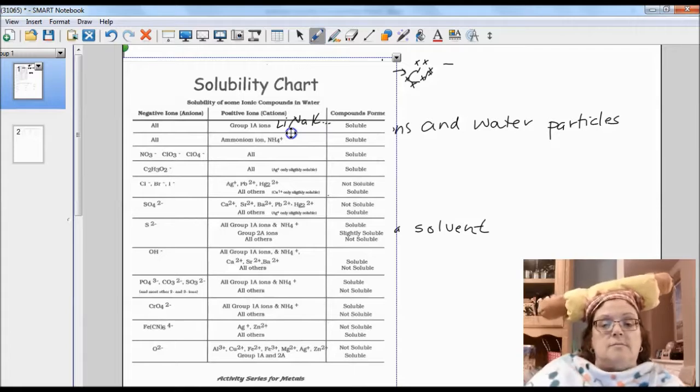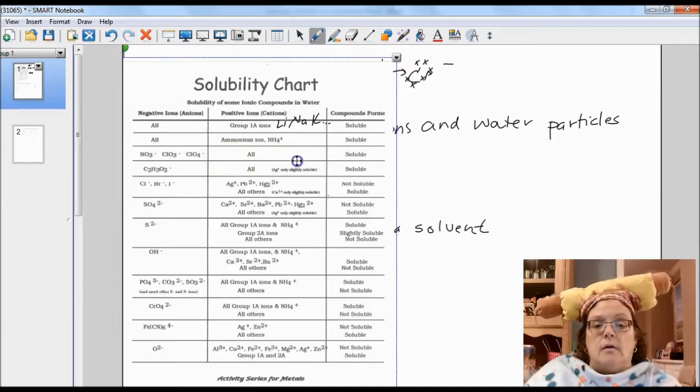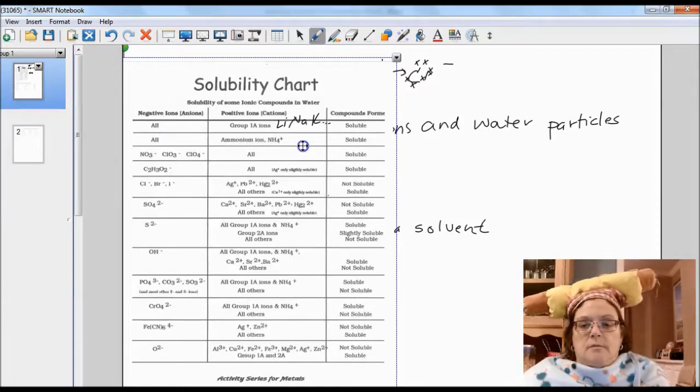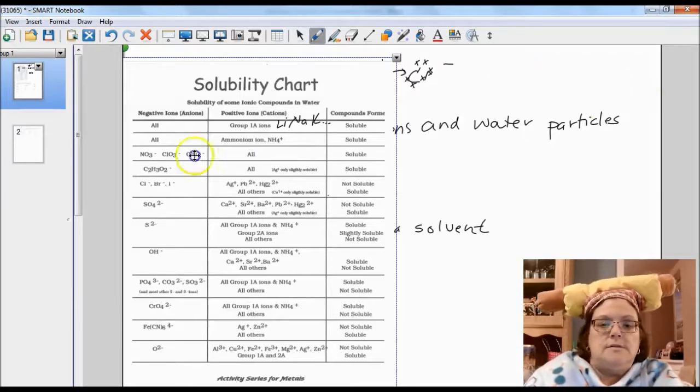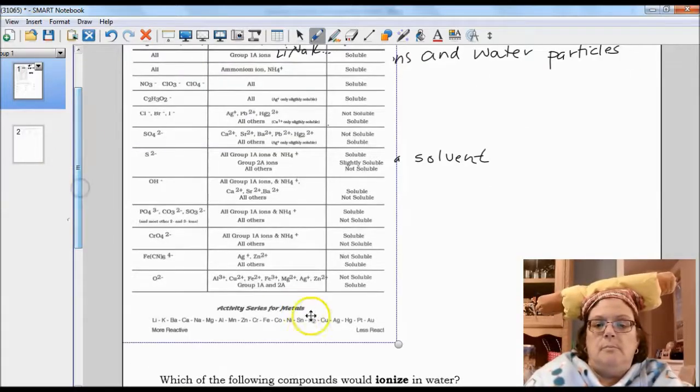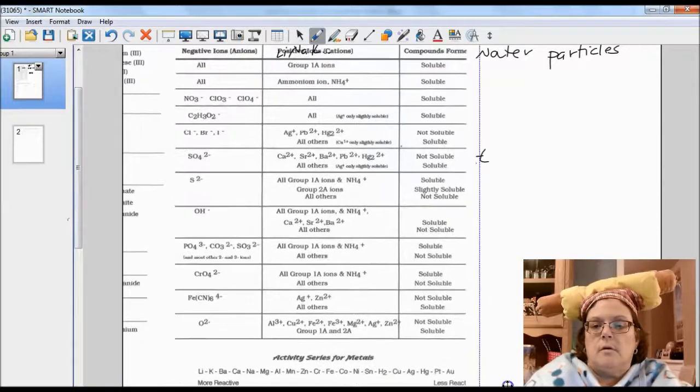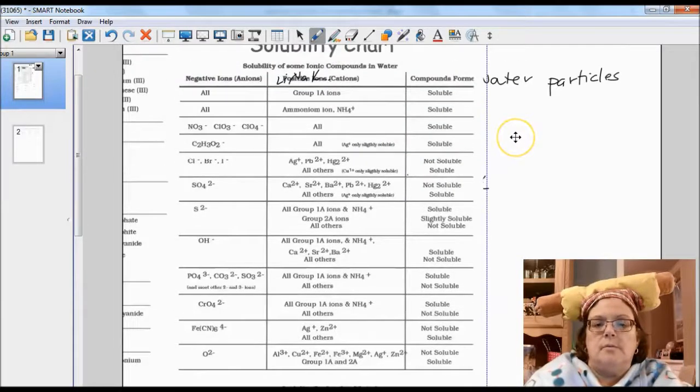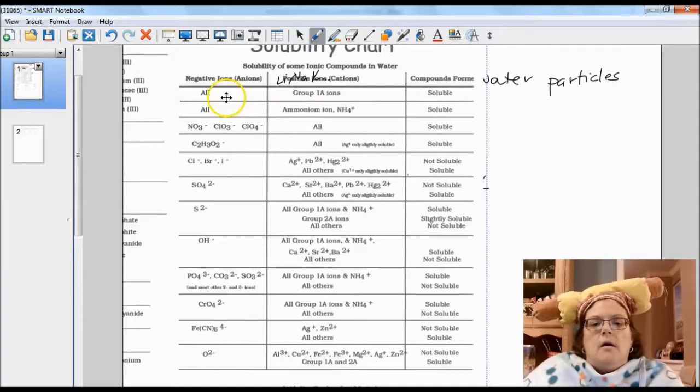How about anions? Our friend nitrate, chlorate, and perchlorate, always soluble. Again, most -1 ions are going to be soluble. There's a few exceptions, but for the most part, these are always going to be soluble. Acetate, also always soluble.